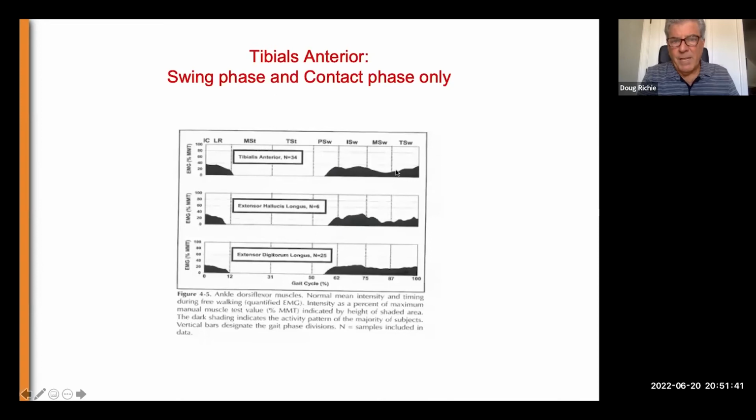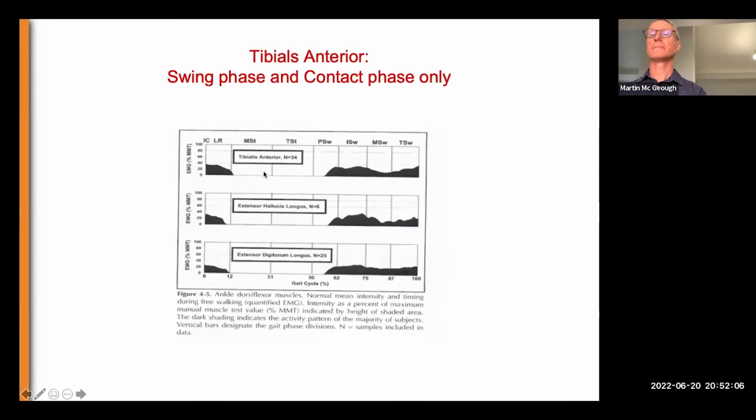For example, the tibialis anterior, we have to appreciate that it has two contractions during the walking gait cycle. It contracts throughout all of swing phase, but it also contracts during what is called the loading response right after initial contact. Podiatrists call this contact phase of gait, but it doesn't contract at all during mid-stance.